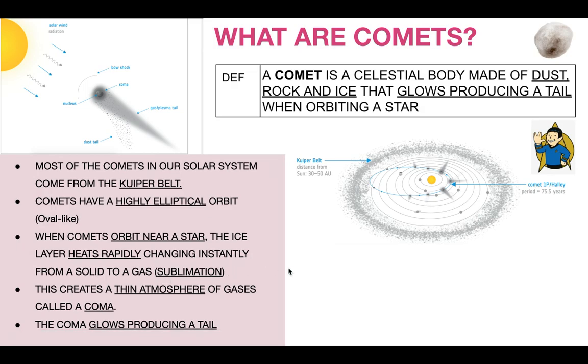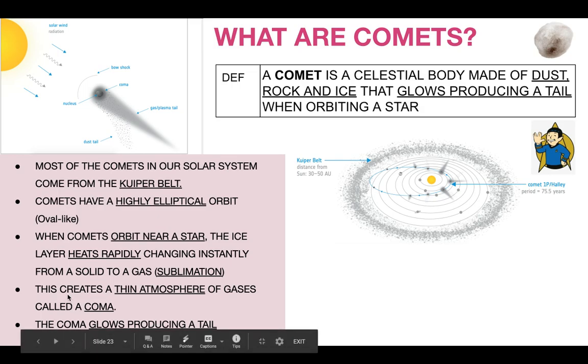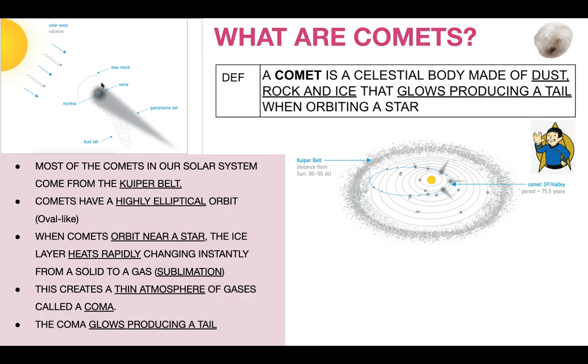You might want to look this up on YouTube. It's quite interesting if you look at what we call dry ice and how dry ice changes directly into a gas. This creates a thin atmosphere called the coma, which reflects the light and causes this glowing tail. So that is a comet in general. That's what you need to know about a comet.